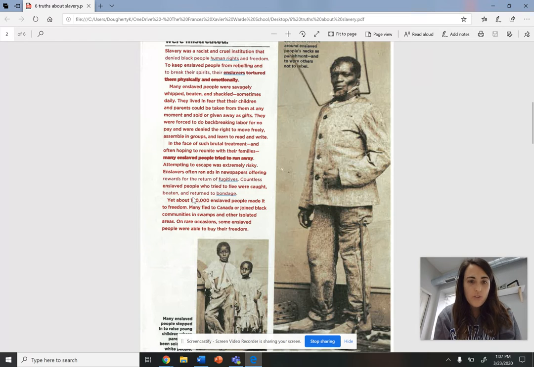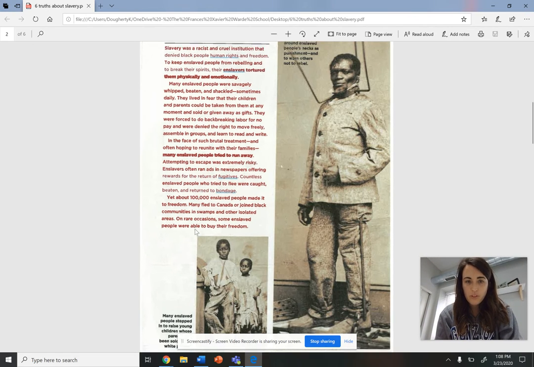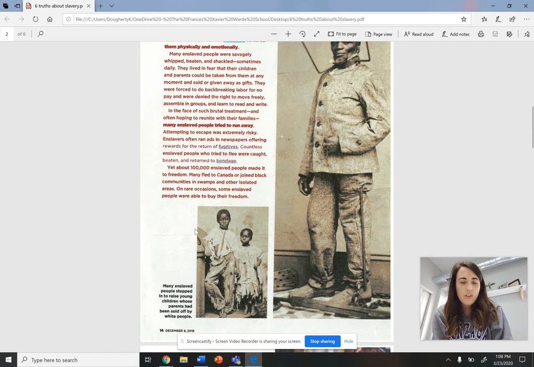Yet about 100,000 enslaved people made it to freedom. Many fled to Canada or joined Black communities in swamps and other isolated areas. On rare occasions, some enslaved people were able to buy their freedom. Okay, I'm also going to make sure that I look at the text features because we never, ever, ever want to ignore the text features on this page.